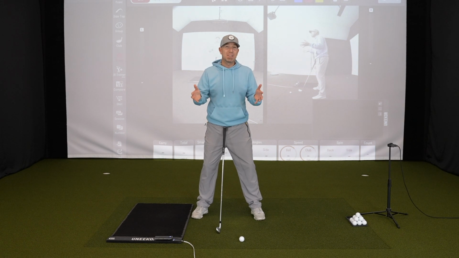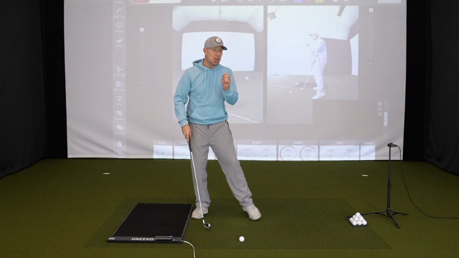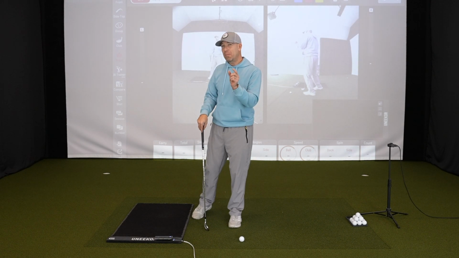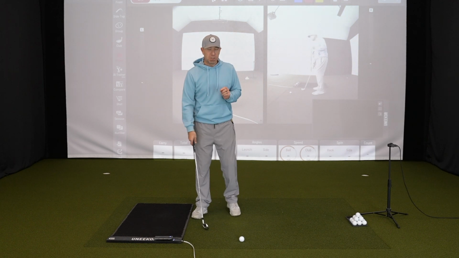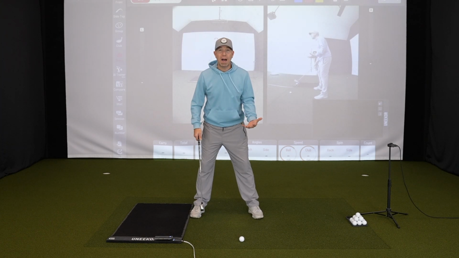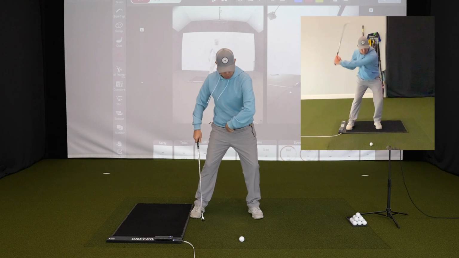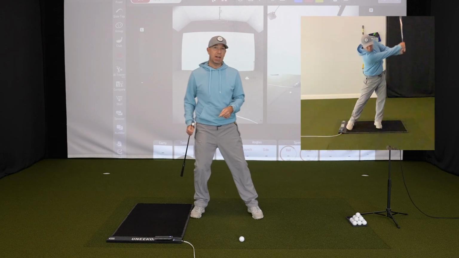Now, the problem is you're feeding the beast when the ball position moves forward. You may strike the ball a little bit better that way overall, but you're never gonna fix the root because the stance is wide, the ball's forward, you now have to go forwards in order to hit that golf ball.